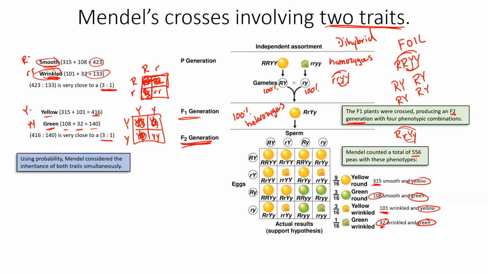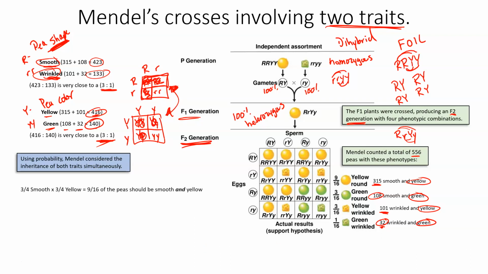Using the probability, Mendel considered the inheritance of both traits simultaneously, just like we did. And he said if we looked at just the smooth or the wrinkled, basically the pea shape trait, we should get a 3-to-1 smooth to wrinkled. And if we look at yellow to green, which is the trait for pea color, we should get a 3-to-1 ratio in that one as well, utilizing the probabilities and the mode of inheritance that he already established in his monohybrid crosses.